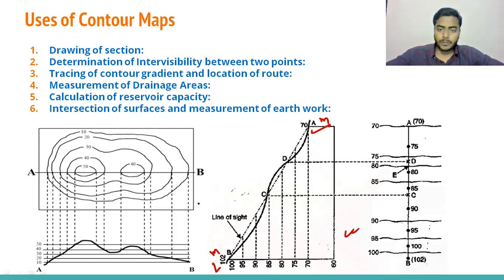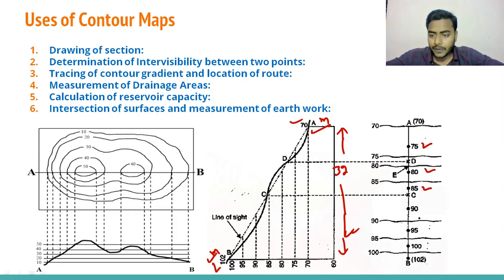Just draw a dotted line from A to B. This is 70 meter, this is 102 meter elevation, so the vertical distance is 32 meter. This 32 meter vertical distance of AB is divided into a number of parts, and we mark points with 75 meter elevation, 80, 85, 90, 95, 100.